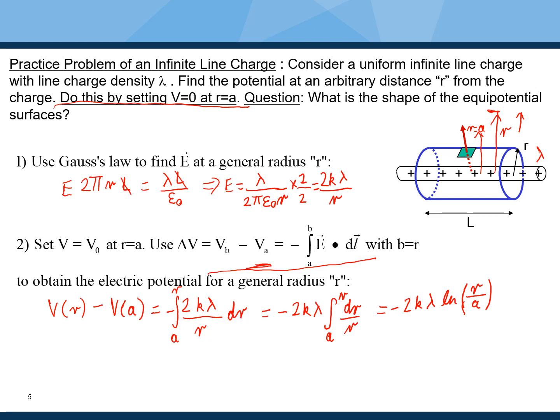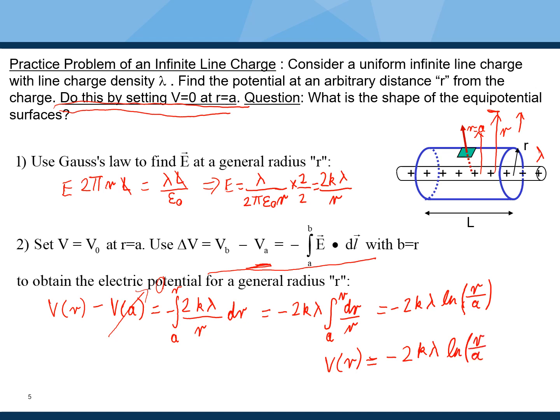With V(a) set to be 0, which is what the problem specification tells us, we can set this to be 0, and we obtain our final formula, which says that V(r) for this particular problem, with the reference at r equals a, is just given by minus 2kλ times ln of r over a.